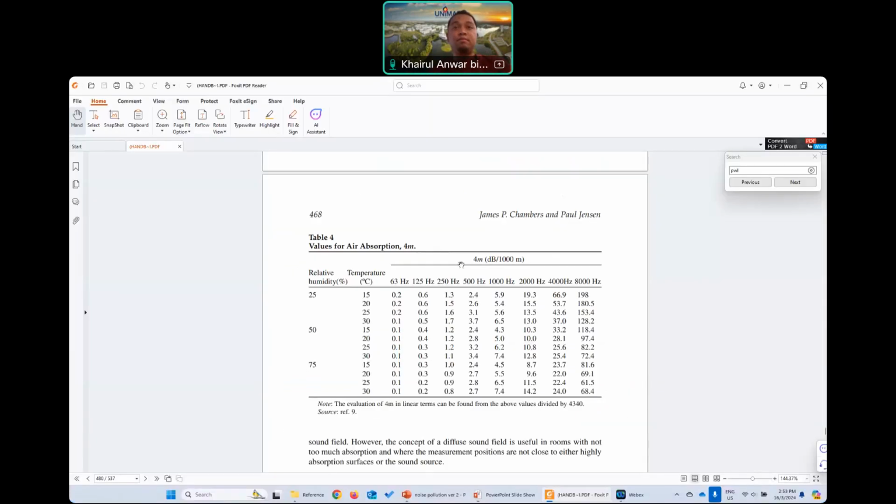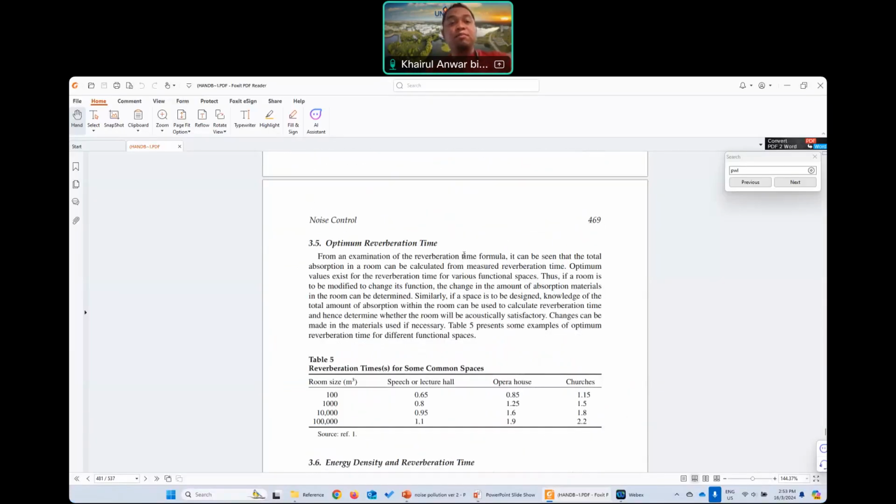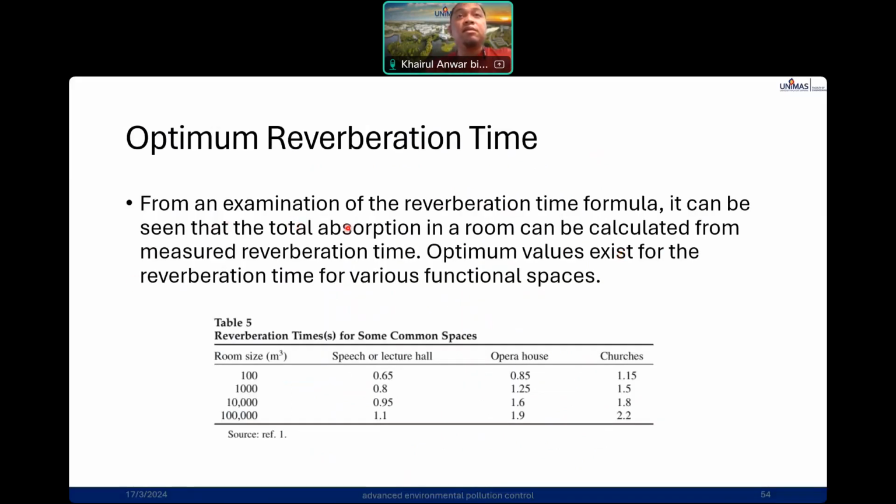So the optimum reverberation time: from the reverberation time formula, it can be seen that the total absorption in a room can be calculated from the measured reverberation time. An optimum value exists for the reverberation time for various functional spaces.